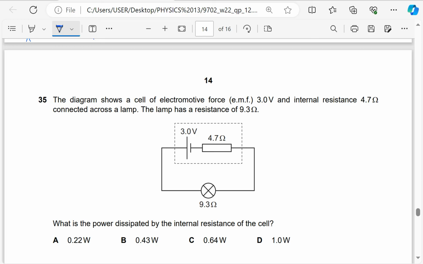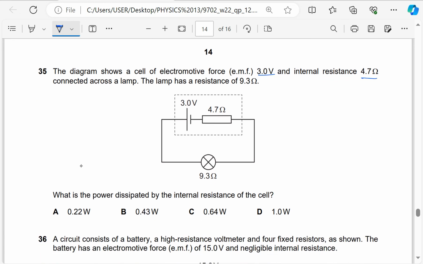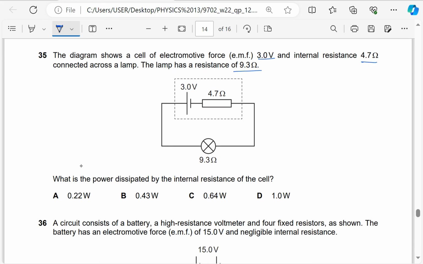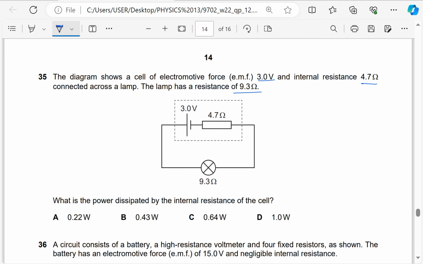The diagram shows a cell of EMF 3 volts and internal resistance 4.7 ohms connected across a lamp. The lamp has a resistance 9.3 ohms. What is the power dissipated by the internal resistance of the cell? Okay, so first of all let me try to find the current.